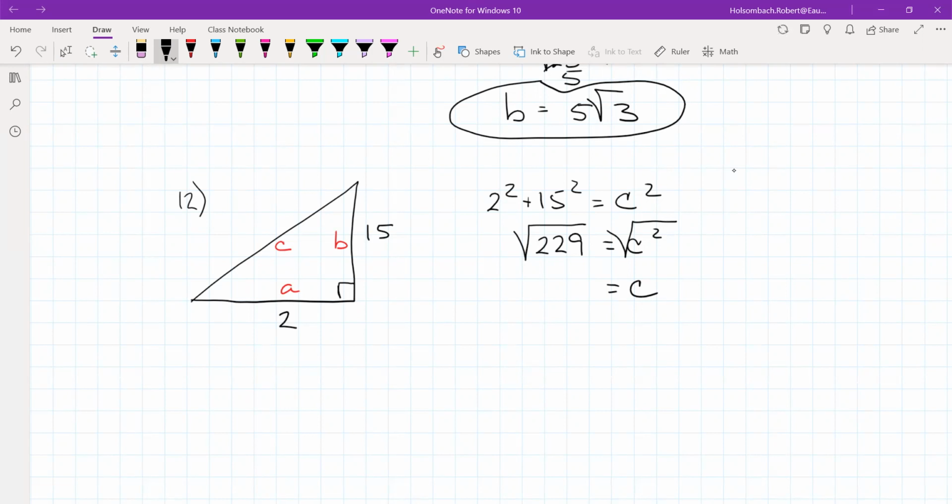So I've divided it by everything up to, let's see, 229 divided by 36, 49, 64. What's after 64? 81. Hundred doesn't go. 121 won't go. No, there's no perfect squares that go into 229 evenly. So this just stays radical 229.